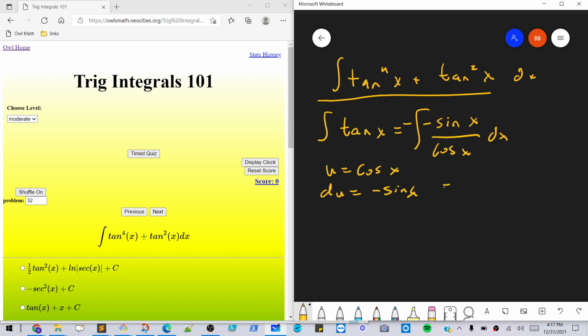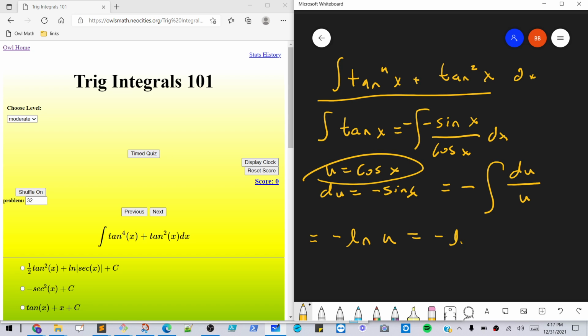Then we can rewrite this as negative du over u, and the integral of 1 over u is ln u. So we're going to have negative ln u. But I'll substitute back in cosine, so we'll have negative ln cosine x plus c.